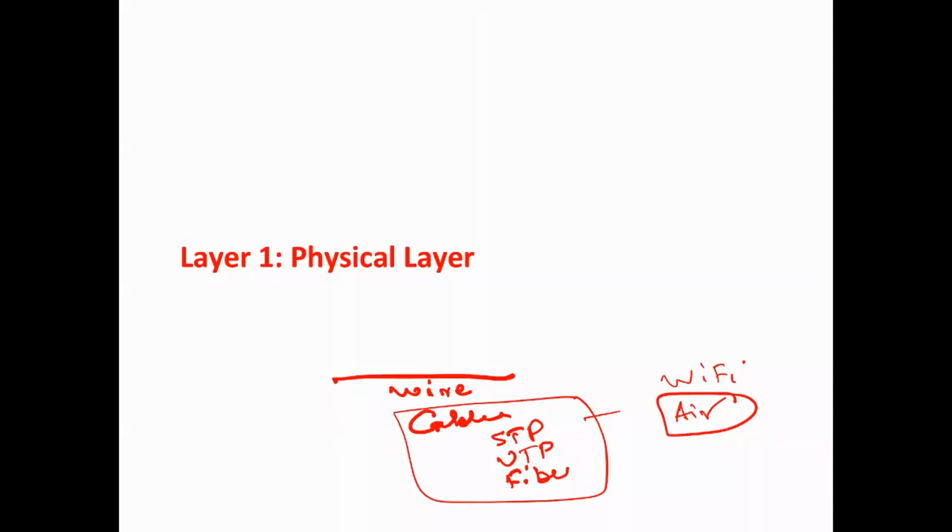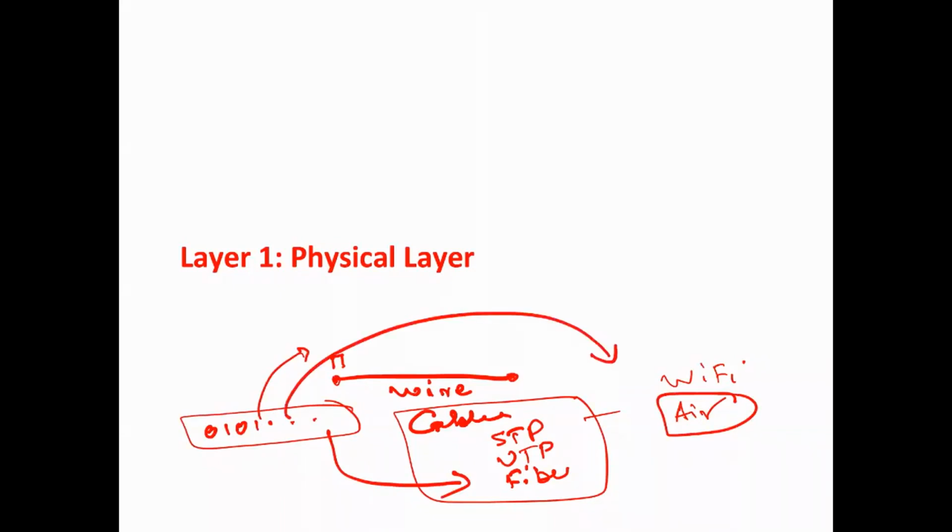So how do we provide security? The physical layer's responsibility is putting signals, right? The higher layers are giving nothing but zeros and ones. How do you change the zeros and ones to voltages? Or in the case of fiber, light, there's light or no light. In the case of radio, this has to be changed into radio waves.